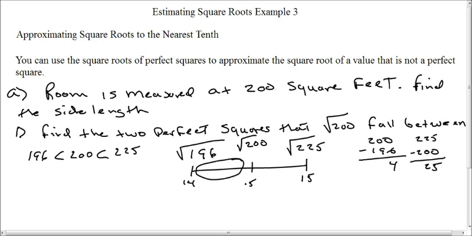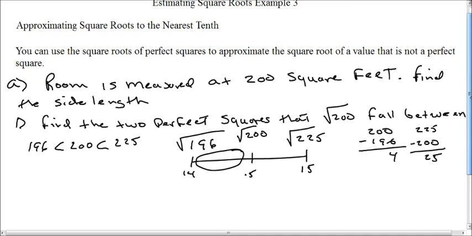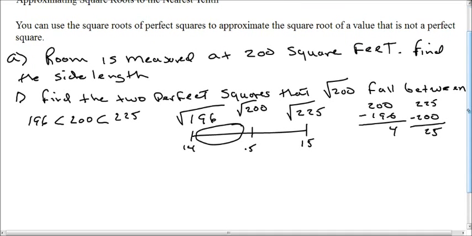But now here's a concept that I want to throw in here for step 2, and that is to find the value of the decimal. So once we get 4 and 25, let's find the value of the decimal.